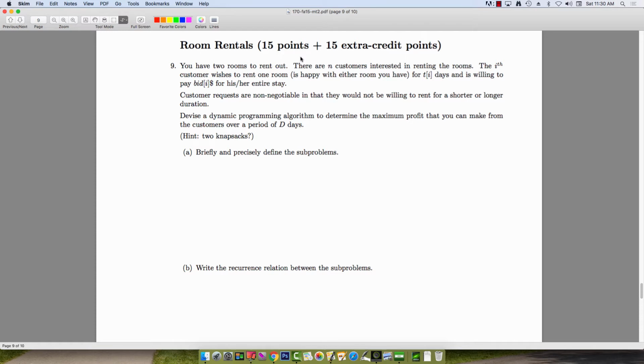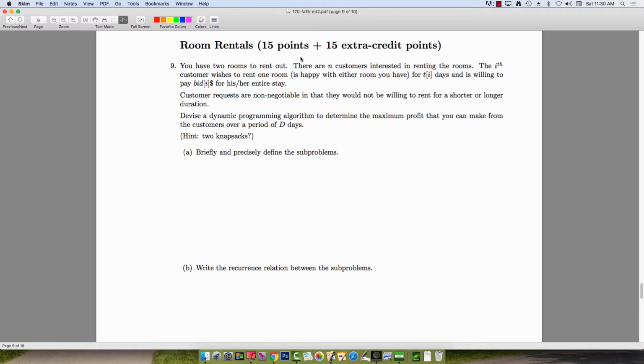Some of the ideas that you might start thinking about when you start this problem would be, say, what if I had just one room and it was available for 2D days? That sounds kind of similar to, yeah, then I could really just knock this down to knapsack, right? The hint tells us 2 knapsacks, but maybe I could do this with 1 knapsack. Now, there's a problem with that.